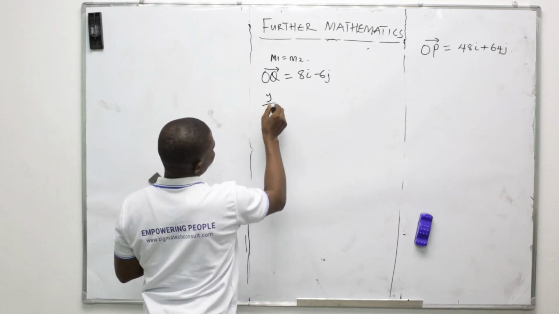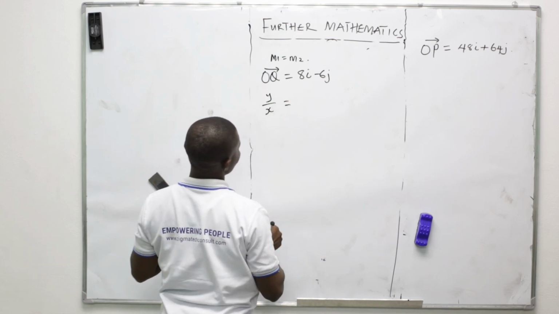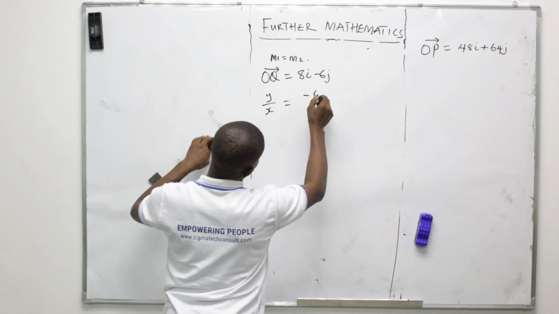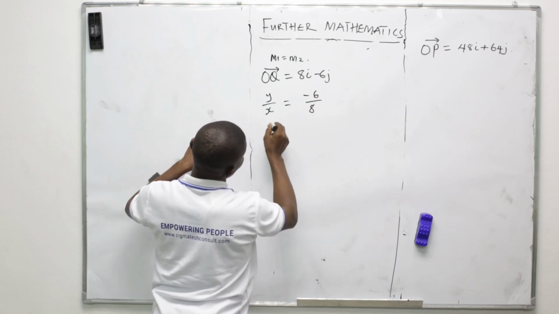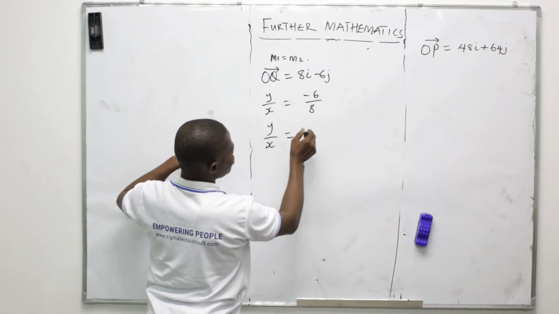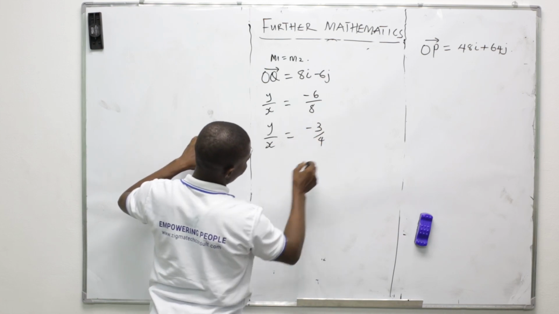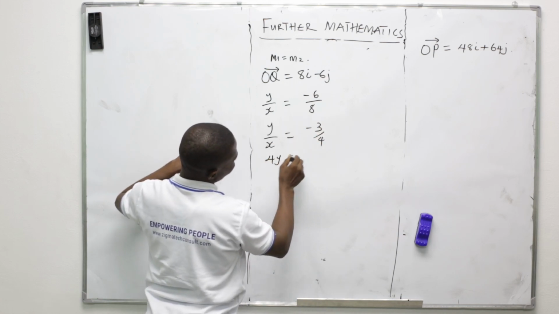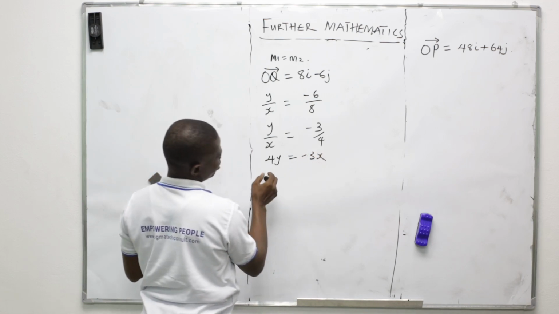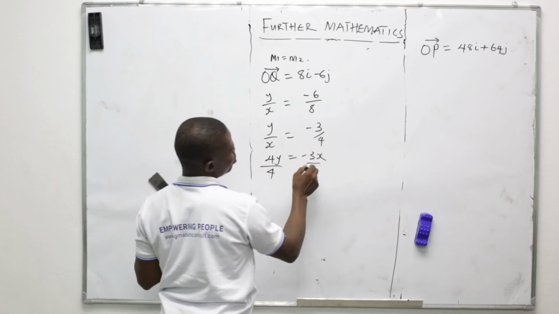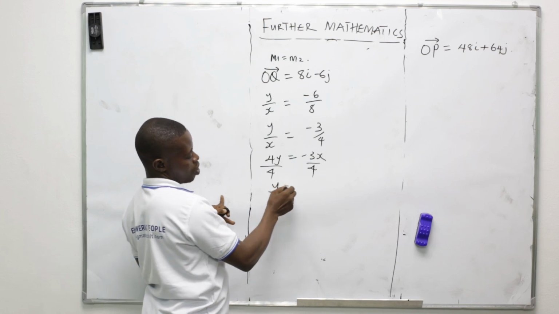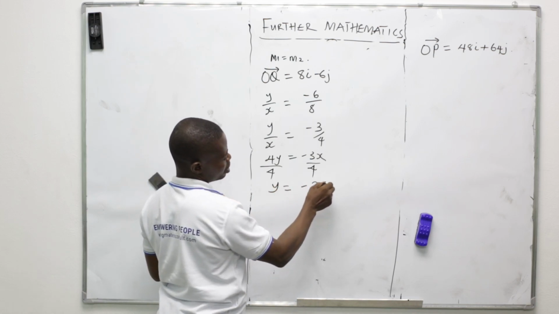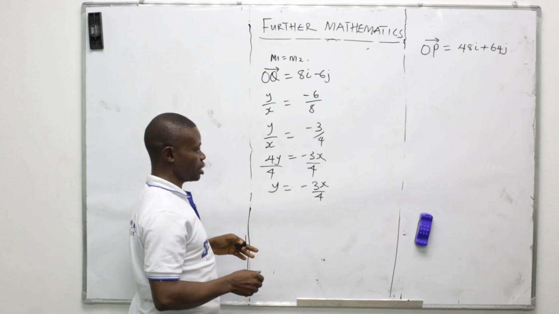That is y all over x equals minus 6 all over 8. Y all over x equals minus 3 all over 4. 4y equals minus 3x. When we divide through by 4, y will give us minus 3x all over 4, okay?